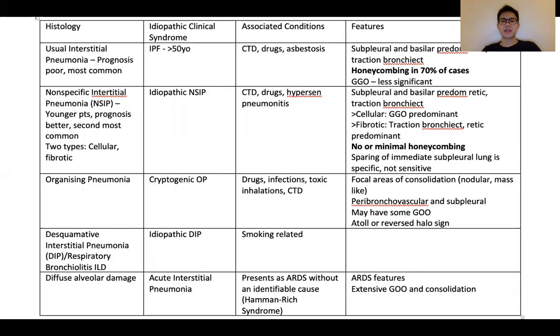This slide is not intended to be memorized, but the idea is that sometimes when one studies the ILDs, one tends to get lost amidst the nomenclature when one starts talking about things like UIP, IPF, NSIP, and things like that.